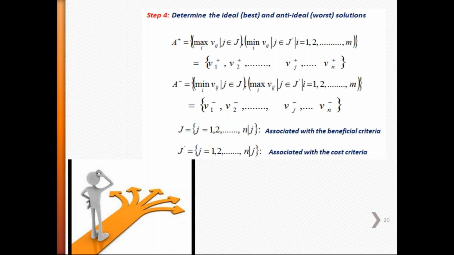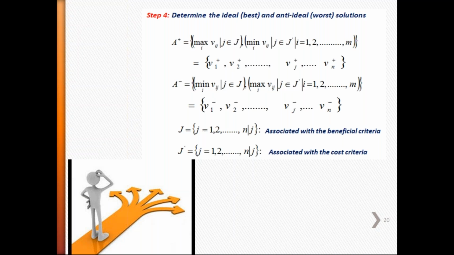So for alternative A1, you first compute the distance between A plus and A1, and secondly between A minus and A1. A plus and A minus are the common standards of comparison. With respect to these hypothetical alternatives, we have to compute the distance for each individual alternative. The distance between the ith alternative Ai and A plus is Si plus.